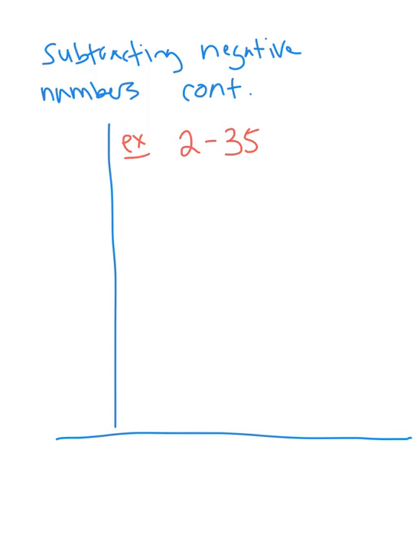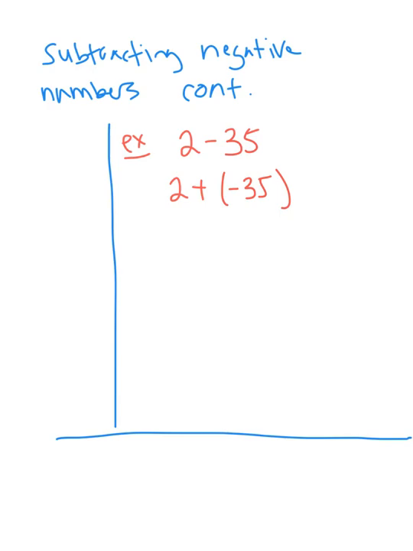See if you can write down something and then check yourself. All right, hopefully you've written something down. If you wrote down 2 plus negative 35, that would be an expression that is equivalent to this one above.